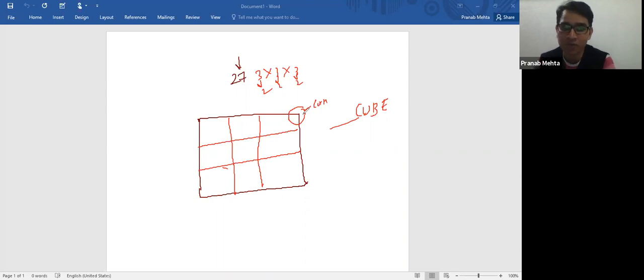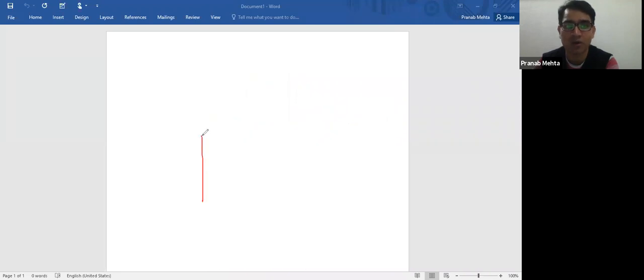Let us assume I pull a cube from here, can I get a cube with three face painted from here? No. If I have to get a cube which has got three face painted, it has to always come from corner. I cannot have a cube anywhere else apart from corner which has got three face painted.